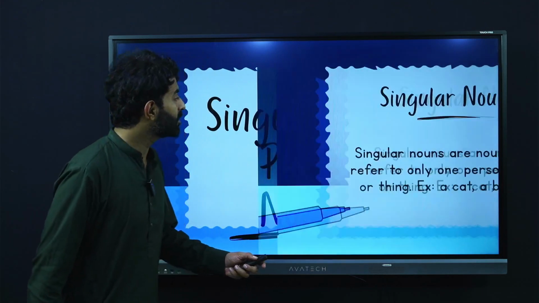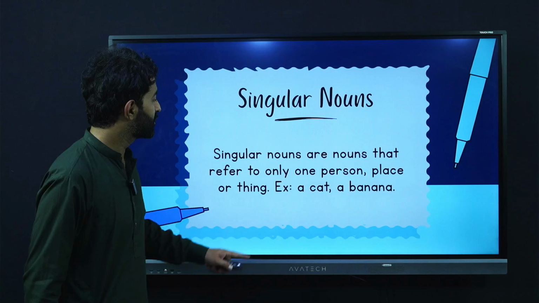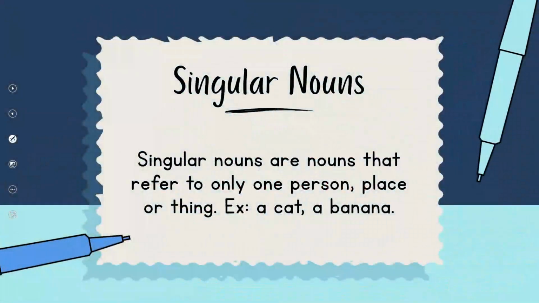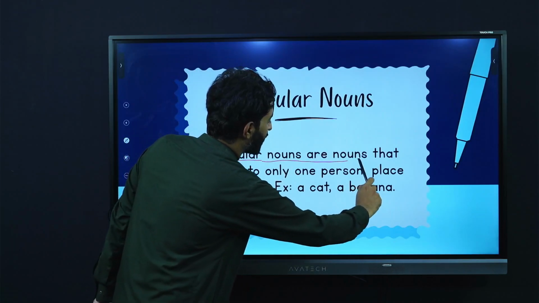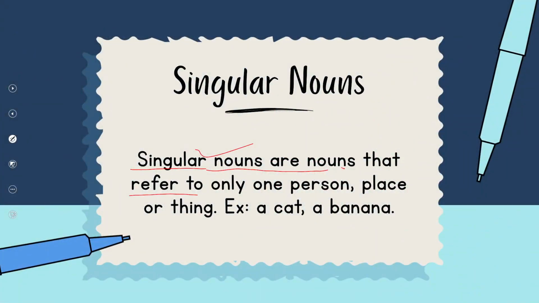So, moving on with singular nouns, now let's see what they are basically. Singular means they are single, like this pointer. I have a pointer in my hand, not pointers. Singular nouns are the nouns that refer to only one person, one place, or one thing. For example, a cat, a banana.